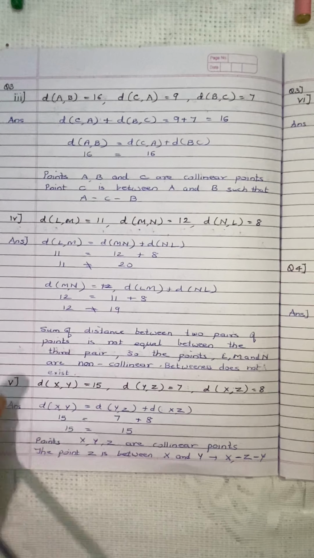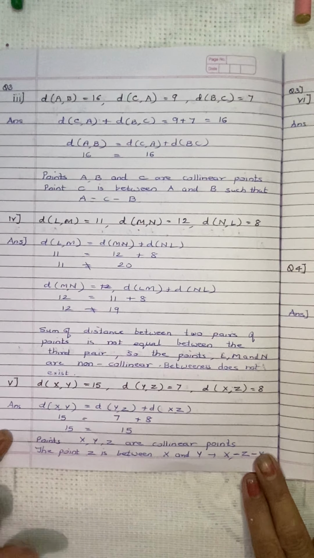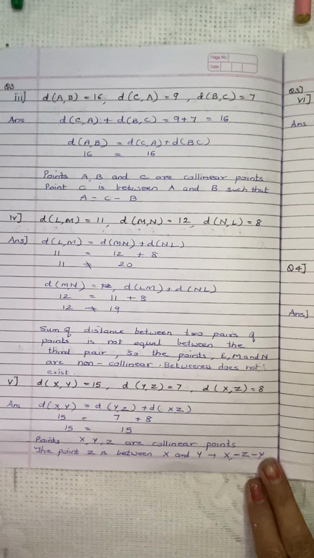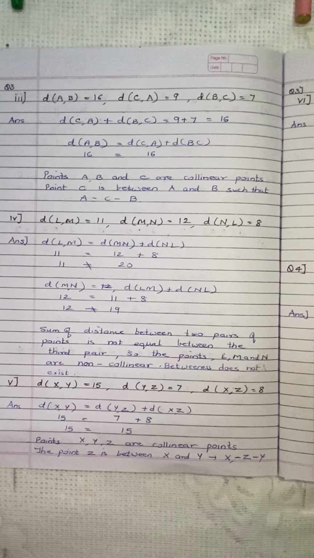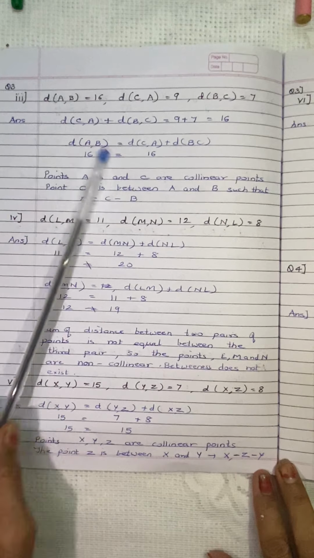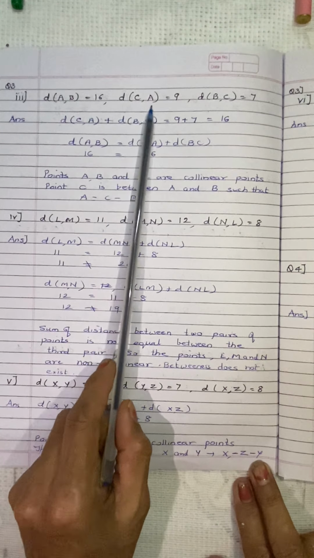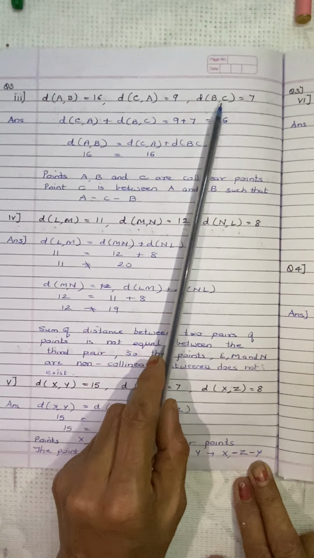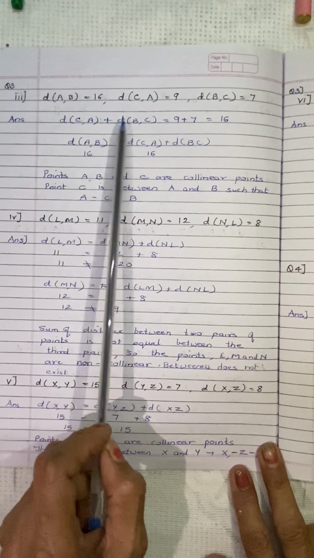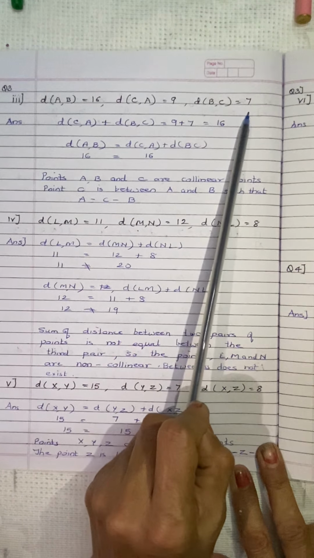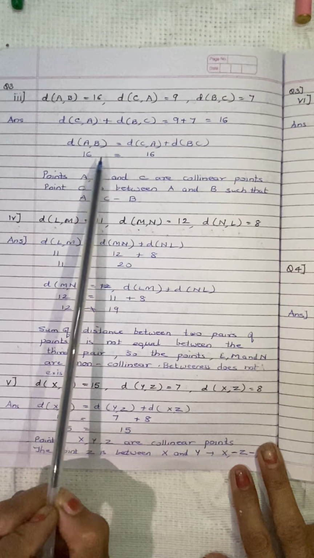Now let's come to the same question, question number 3, third part. Distance between AB is 16, distance between CA is 9, and distance between BC is 7. So now if you look at this, 9 plus 7 is 16.